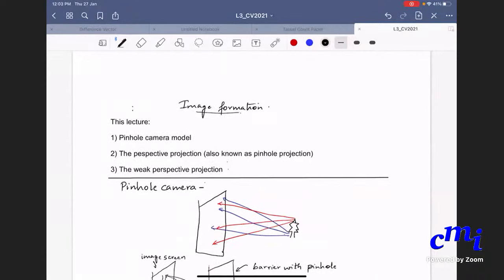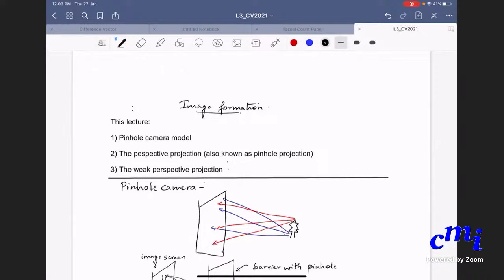I think the story goes that in a tent in a desert, somebody observed that a hole in one of the sides of the tent created an image of the outside world on the other side of the tent. I don't know exactly, but anyway, the point is that this idea has been around for a long time.